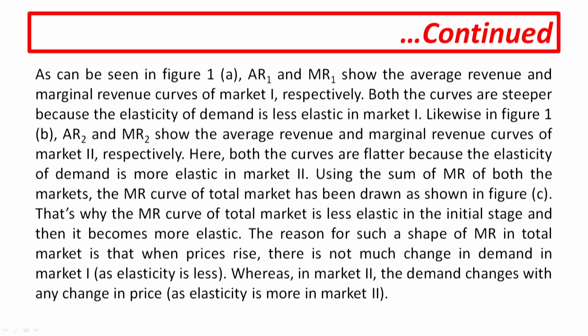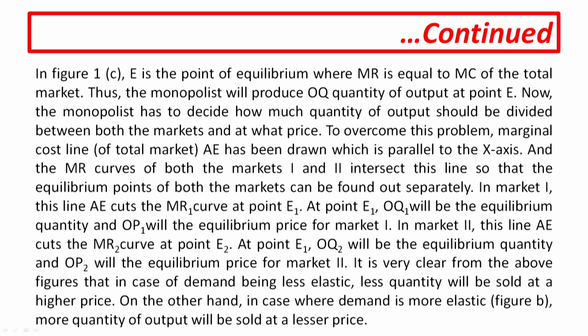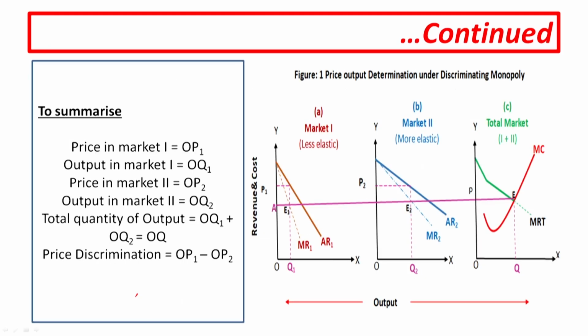This is all the explanation which I have just given you through the diagram. So just go through it and you will be able to understand. Again, I am just summarizing the fact.